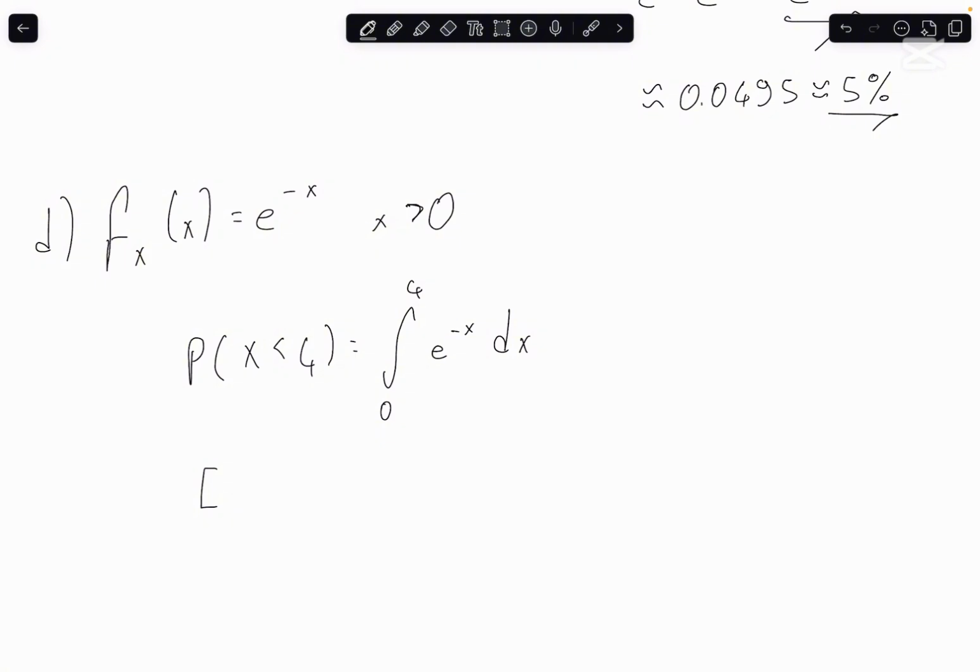Let's solve this. One minus e to the power of minus 4, and it's approximately 0.9817.